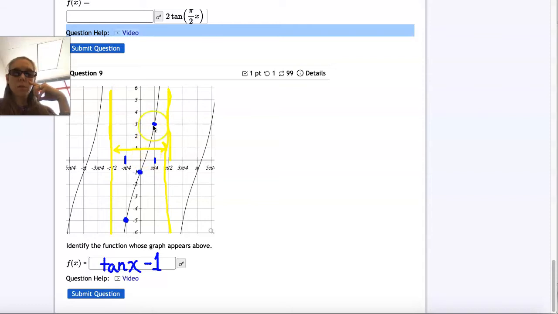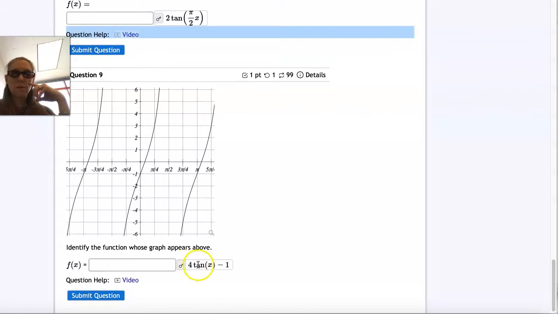So we have 4 above and 4 below, and that confirms to us that the stretch is 4. And now we can check the answer here for 4 tangent x, minus 1. So putting the parentheses here is actually a nice thing to do, just to really clarify that the negative 1 is not included in the parentheses, although it's not required.